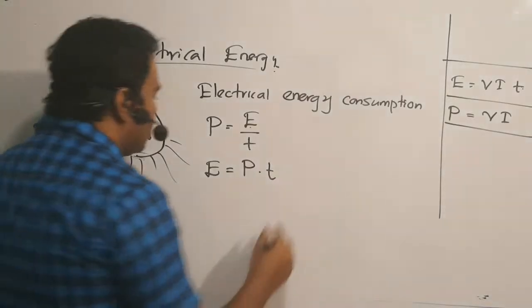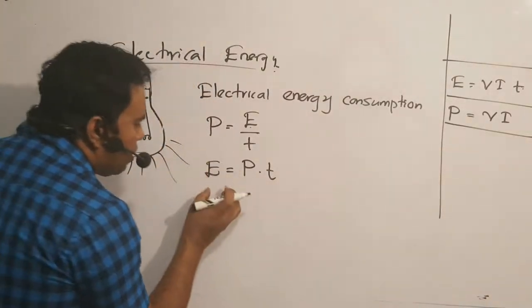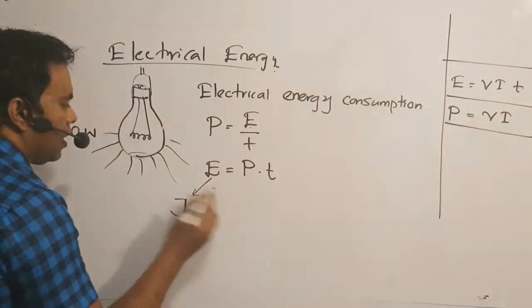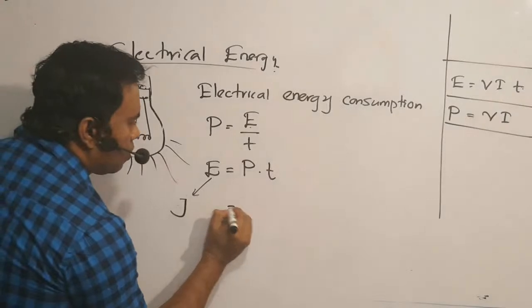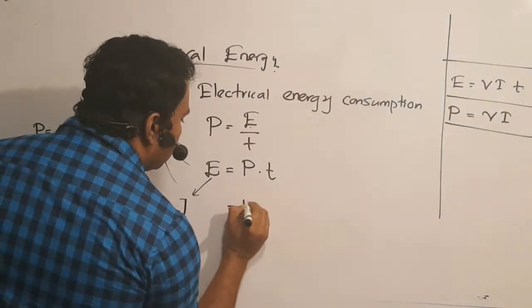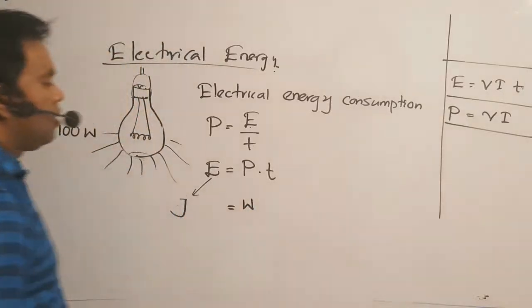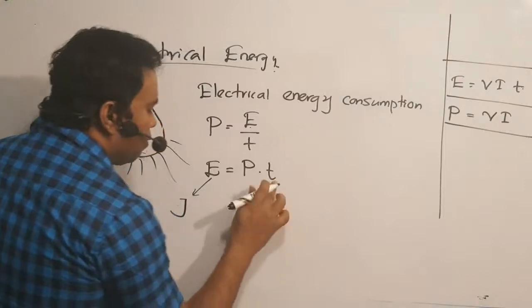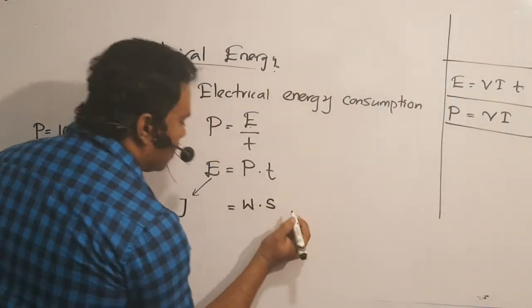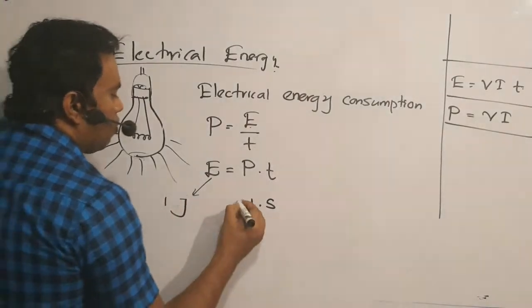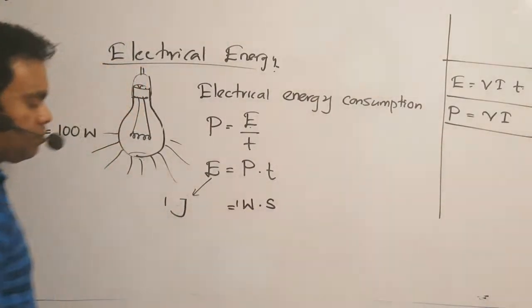Okay, let's consider. Usually we know energy is measured with joules. Power is measured with the unit watt, and time is measured with the unit seconds. So 1 joule equals 1 watt second.